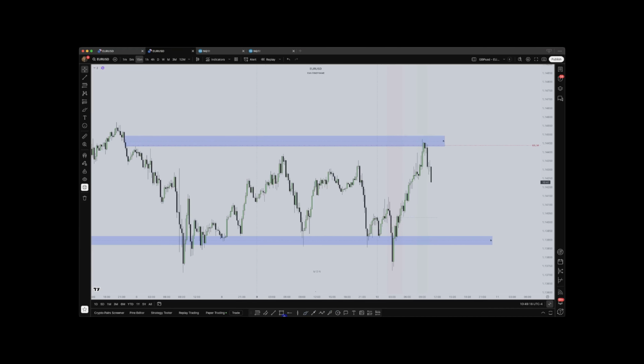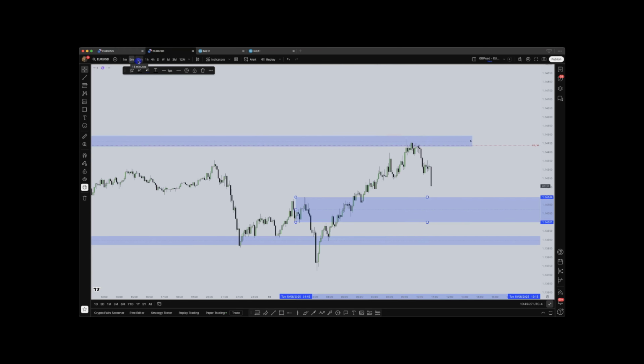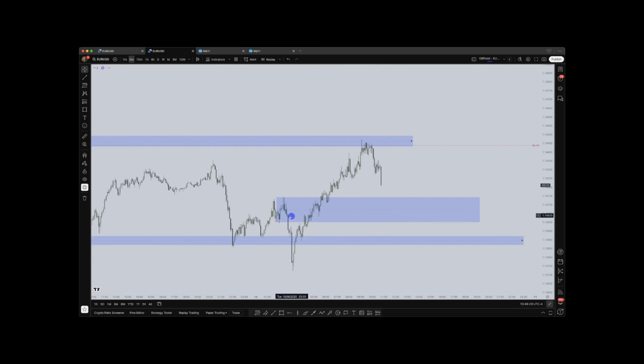So this is a nice breaker example. You see this? Let me check. The best one will be this. So the breaker is when you have this structure. You have a low, high, lower low, and break of structure.